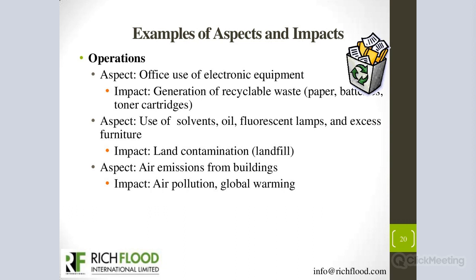Another environmental aspect associated with the operational phase is the use of solvents, oil, fluorescent lamps, and excess furniture. And the impact of this might be land contamination, and that is a landfill.